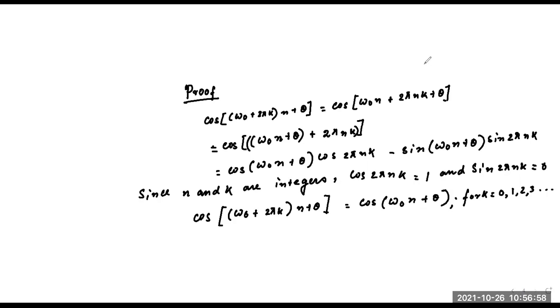So what do we conclude from this? The sequences of any two sinusoids with frequency in the range of omega 0 from minus pi to plus pi are distinct.